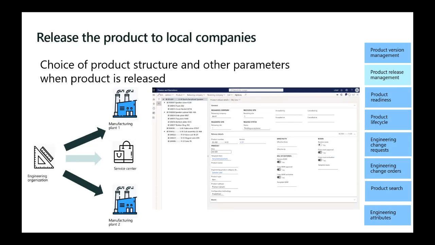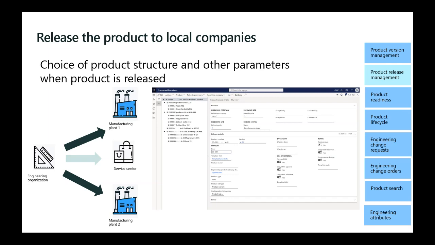So what is this engineering organization then? An engineering organization is an organization on the data model, which you can set up as an external system, but if you want to just keep it internal, and don't want to connect it to another PLM system, which would be the usual case, it's basically a company. And the company would control the data for that product.